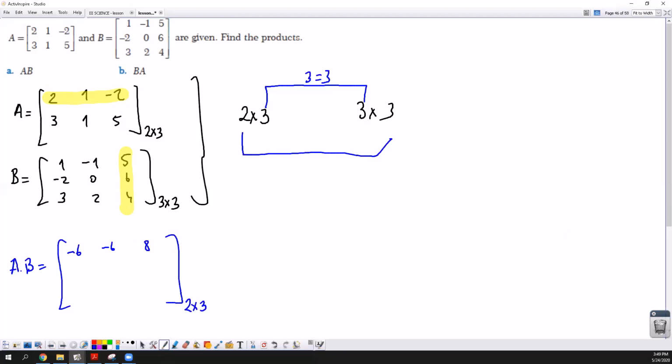After that, we will continue with the second row and the first column, which is 3, 1, 5, and 1, -2, 3. So when we multiply 3 by 1, 1 by -2, 5 by 3, we have 16.